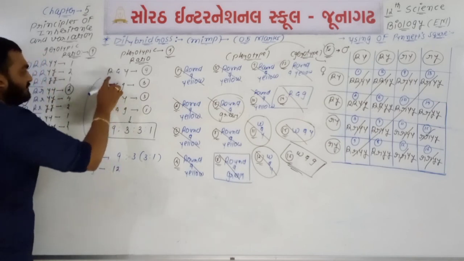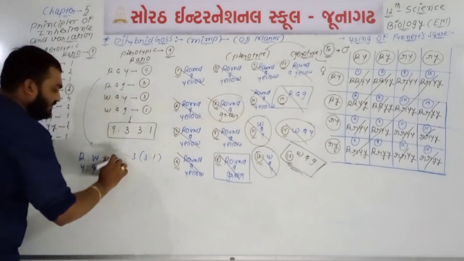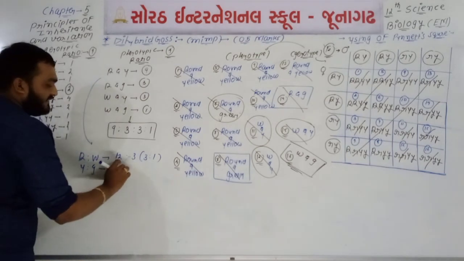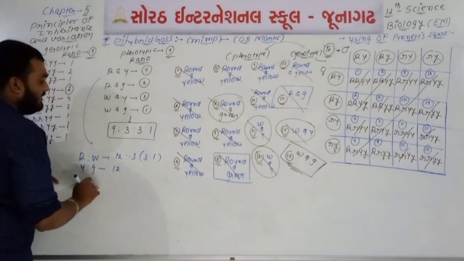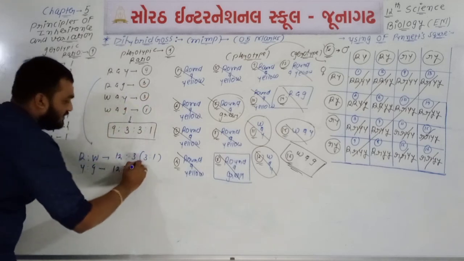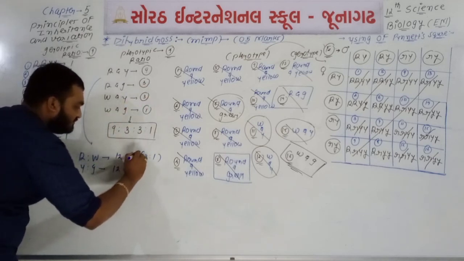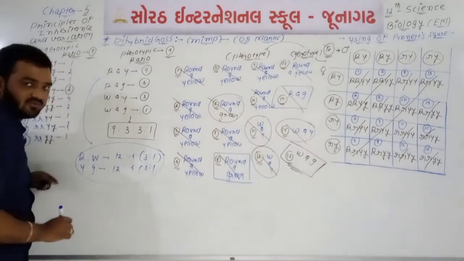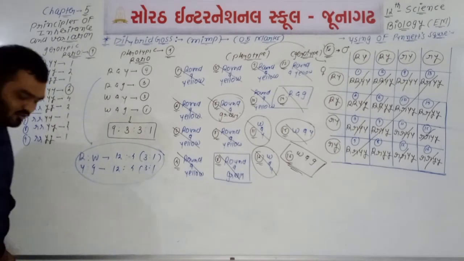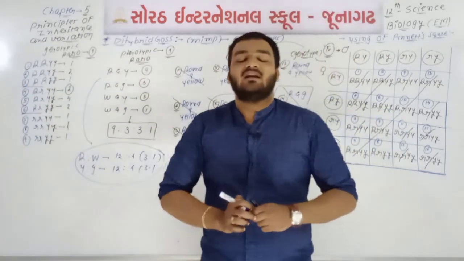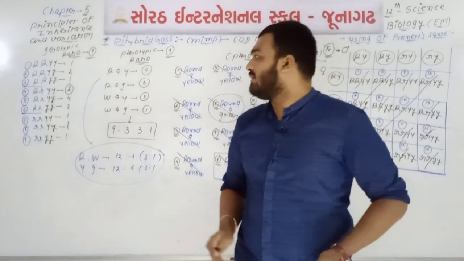How many are green? 1 plus 3 is 4. Here also 4. Means 3:1. It's the ratio of monohybrid cross. But you will remember in dihybrid cross the phenotypic ratio is 9:3:3:1. And what about the genotypic ratio?